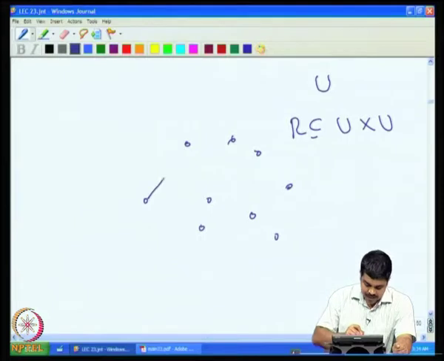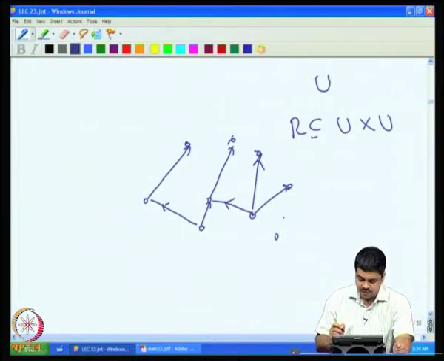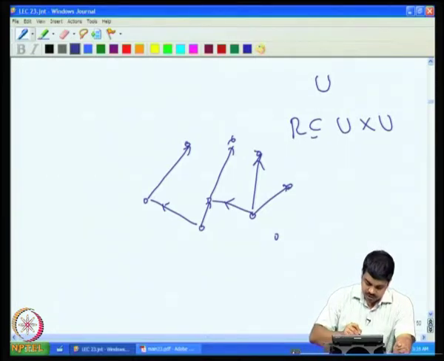We can draw whatever the relations are by directed edges like this. When do we say it is a partially ordered set? We need 3 properties.